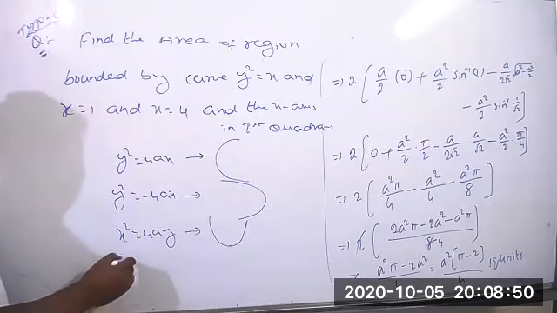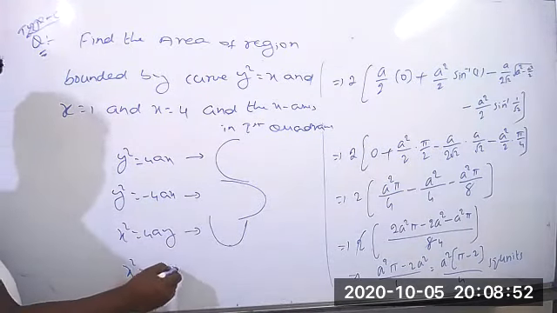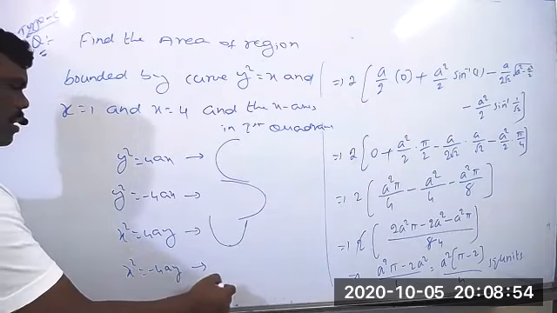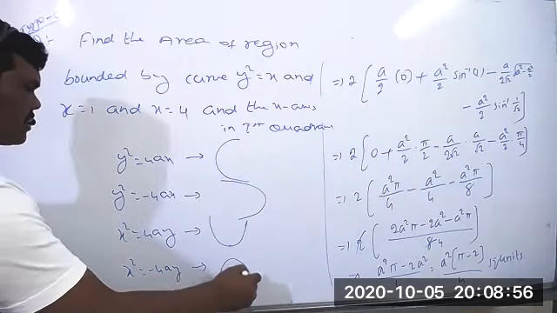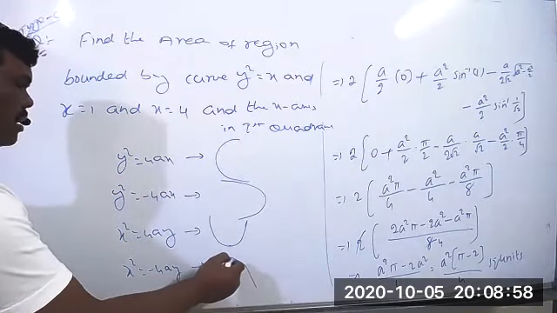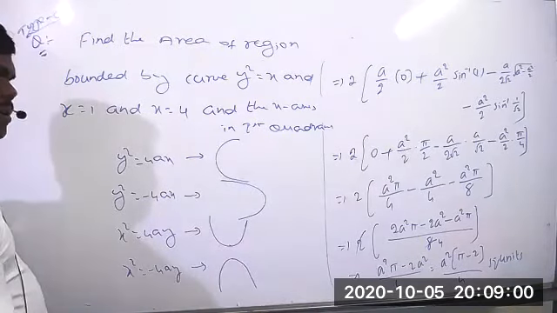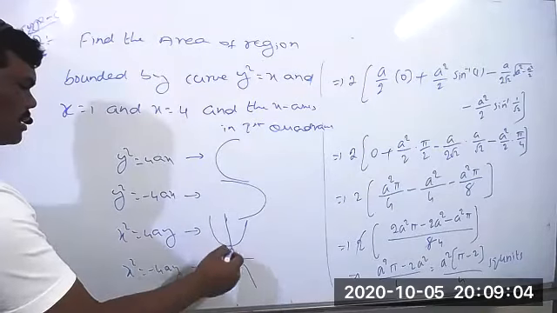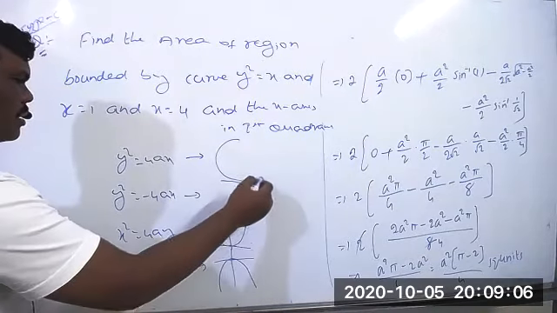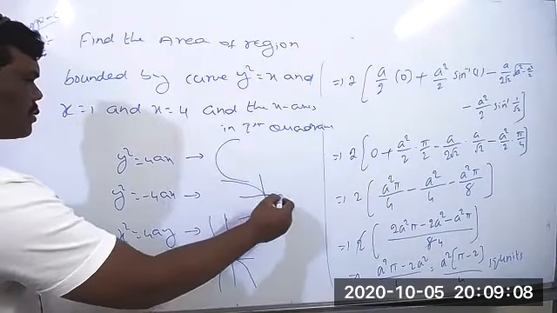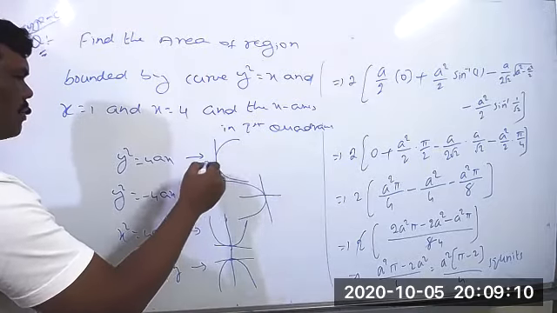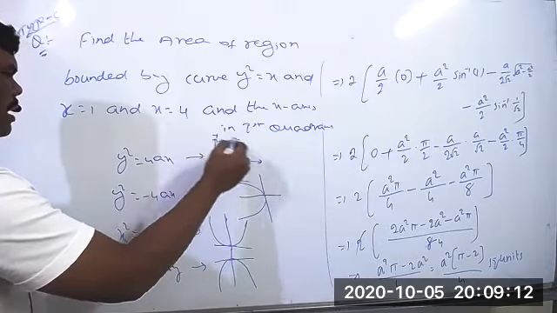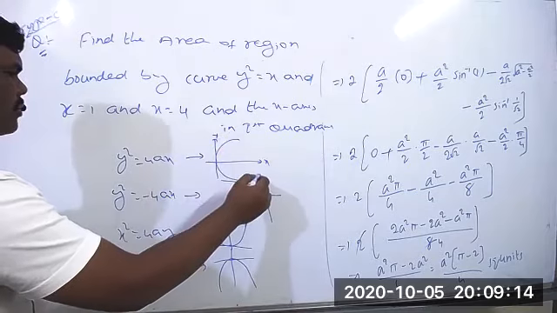Next, x square equal to minus 4ay: this parabola is along the negative y-axis and passes through the origin. It will look like this, this, this, and this. All of you should remember that. It's more important for you.